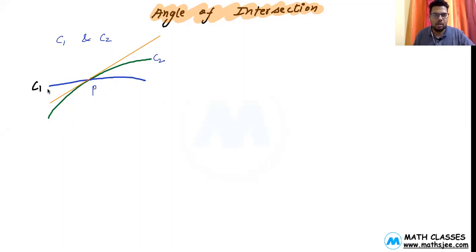And this is another curve C1, and we'll draw another tangent at the point P to the curve C1, right? Let us mark these tangents. This is at C2, so this tangent is T2, and this is at C1, so this tangent is T1.